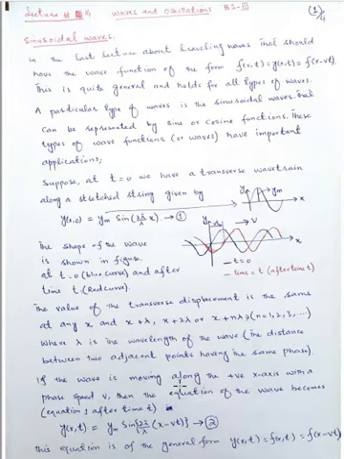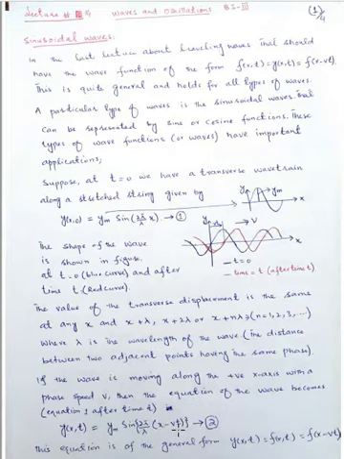and if the wave is moving along the positive x-axis with a phase speed v, then the equation of this wave becomes y of x t is equal to ym sine of 2 pi by lambda into x minus vt. At t is equal to 0, this will be just 2 pi by lambda into x.